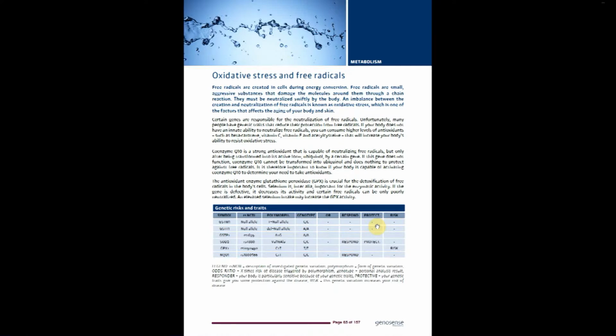Then we have oxidative stress, and you will likely have heard of this before. Oxidative stress is a byproduct of converting energy in our body. When we use oxygen, we need oxygen to convert energy and do something with it, run our body.